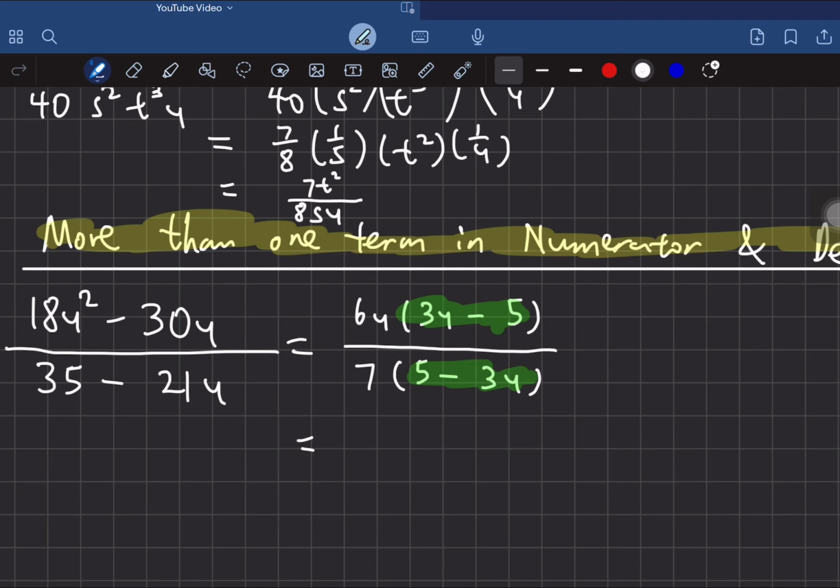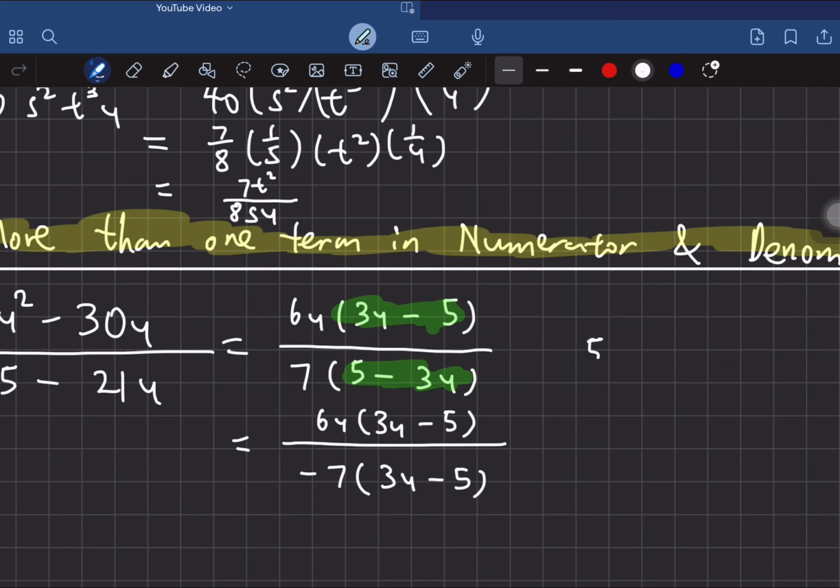So what we do is factorize out -1, maybe from the denominator. Why is this so? For example, I have 5 minus 3U. I factor out -1. So I have 3U minus 5.